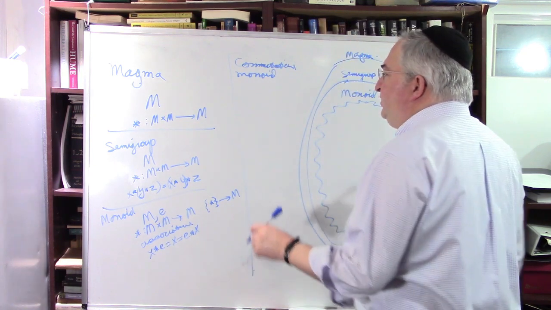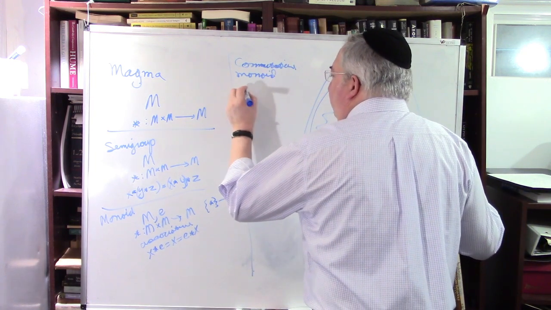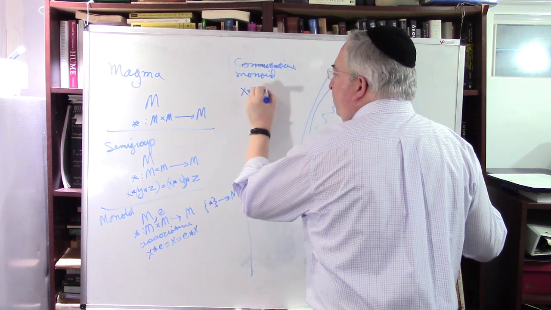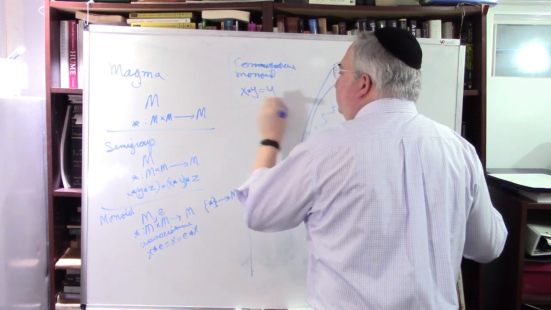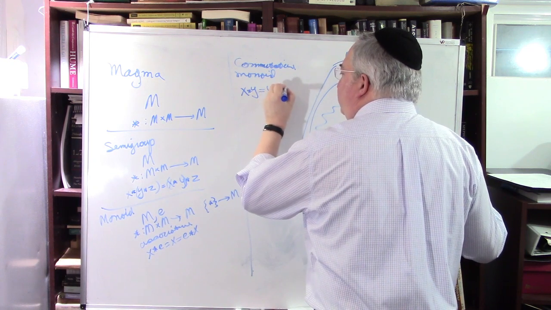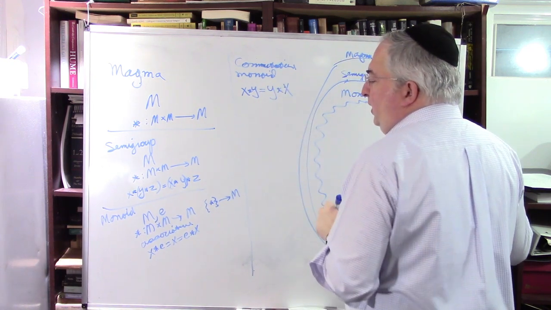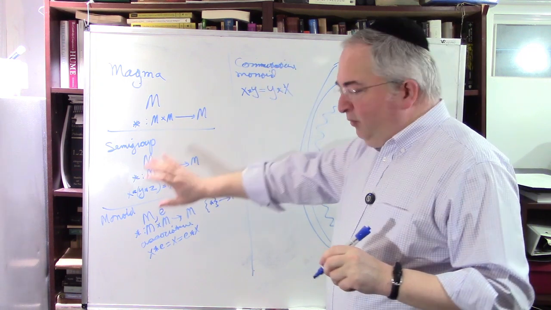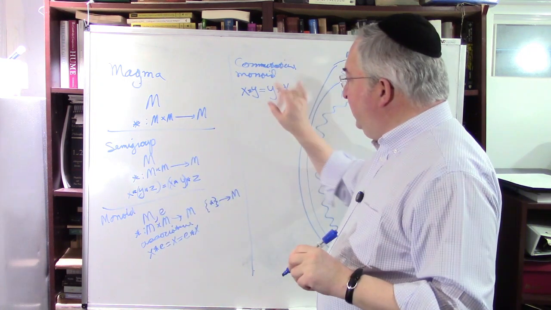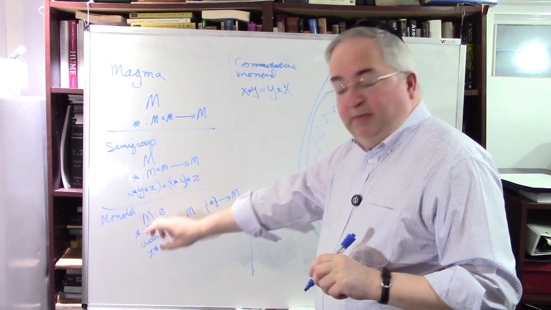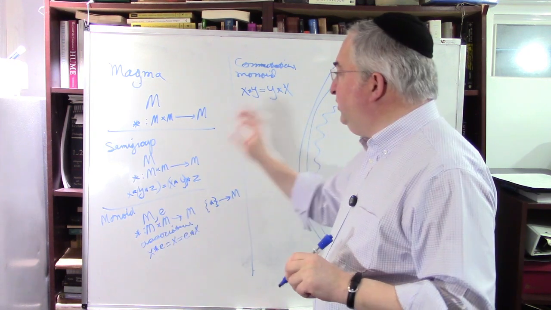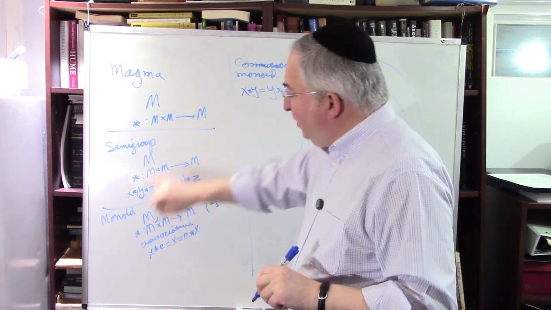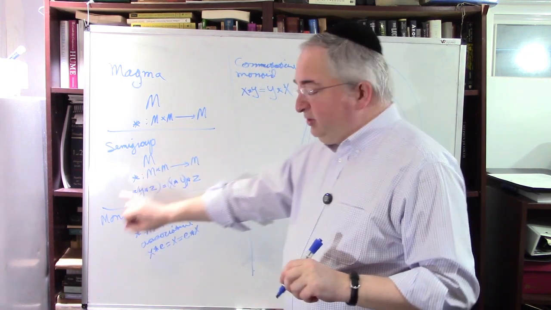And it satisfies another equation, namely, for all x and y, if you multiply them, it doesn't matter, x times y is equal to y times x. Now, we're going to see many examples of commutative monoids. We're going to see many examples which satisfy this equation. We're going to see many examples which don't satisfy this equation, but we have this. Main point is, this is a special type. The commutative monoid is a special type of monoid.